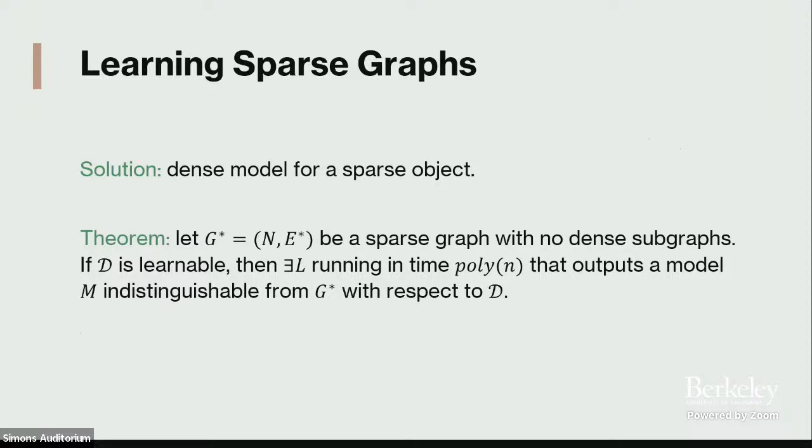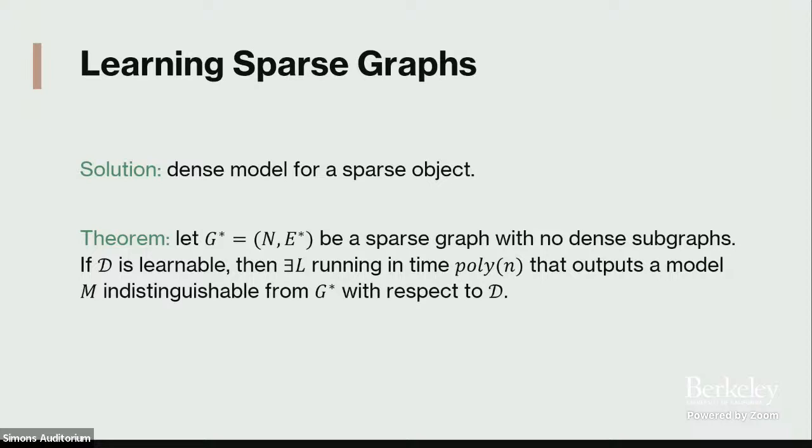Even if we know the graph is sparse, we still create a dense model. We know it's not going to be close to our graph, but with respect to the probability of a random edge going through all the cuts defined by a set of distinguishers, we're going to be indistinguishable.